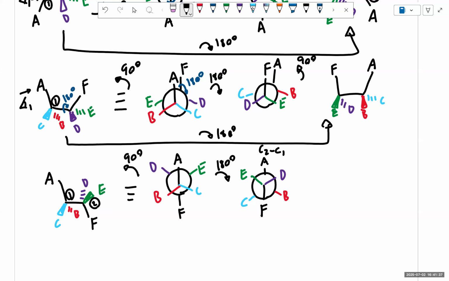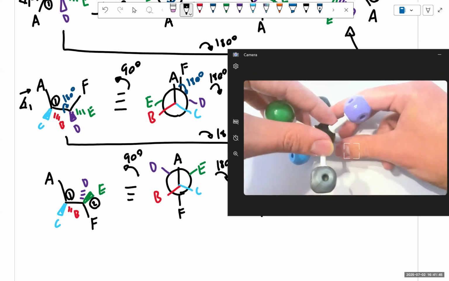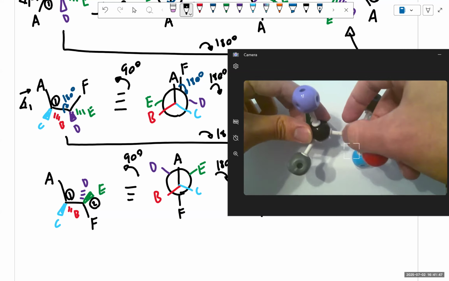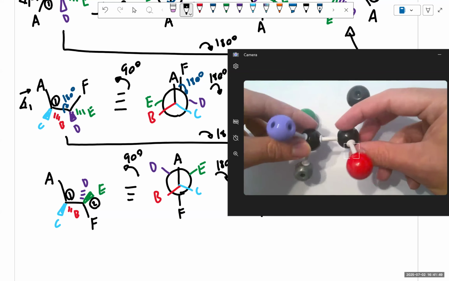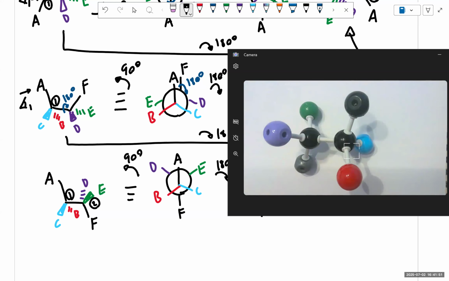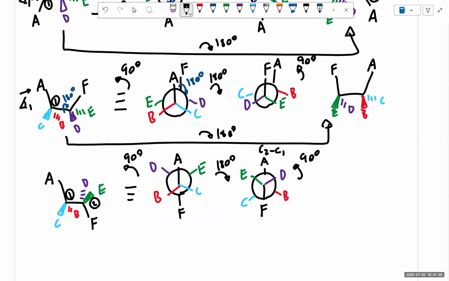Just like before, we can take this Newman projection and convert it into another Dash-Wedge structure by rotating it 90 degrees. So if we rotate this Newman projection 90 degrees, we get another Dash-Wedge structure. In this case, we've essentially flipped our original Dash-Wedge structure 180 degrees. So now we have a skeleton that looks like this.